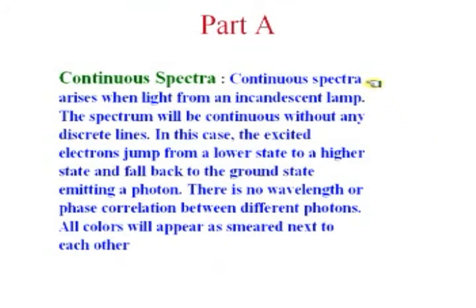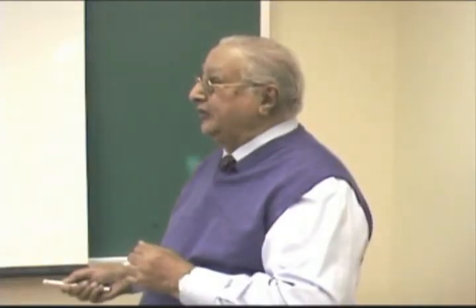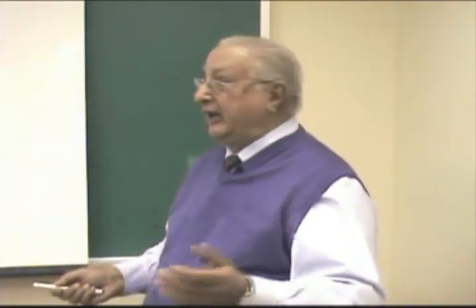In part A, we will be showing the continuous spectrum. In this one, we will follow the same figure that is shown in the book. We can see that there is a flash lamp here, and below that there is a grating. Here we don't use a prism, we use a grating. As I said, the dispersive medium can be either a prism or a grating.